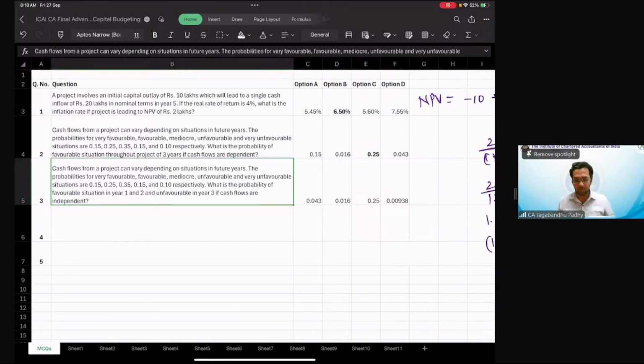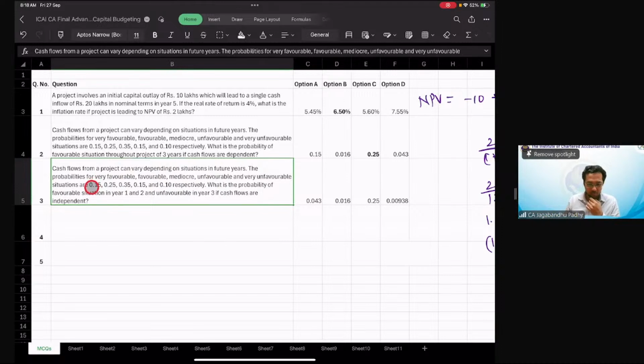Question number 3, guys. Tell me, what would be the answer for question 3? The probabilities again remain the same.